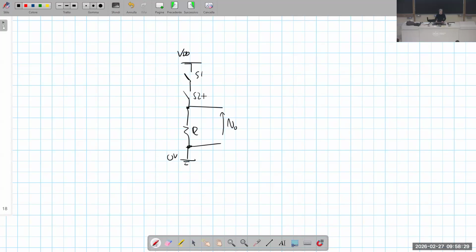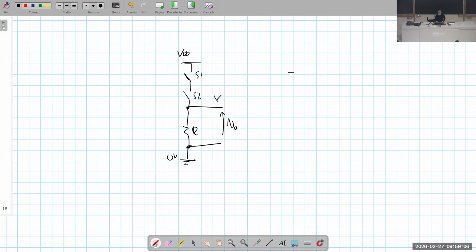This circuit, which actually is similar to the previous one, highlights how using the switches we can also implement some logical functions. Here we have two switches potentially connecting the positive of the supply to the output node Y, and we have a resistor connecting the output node Y to 0.